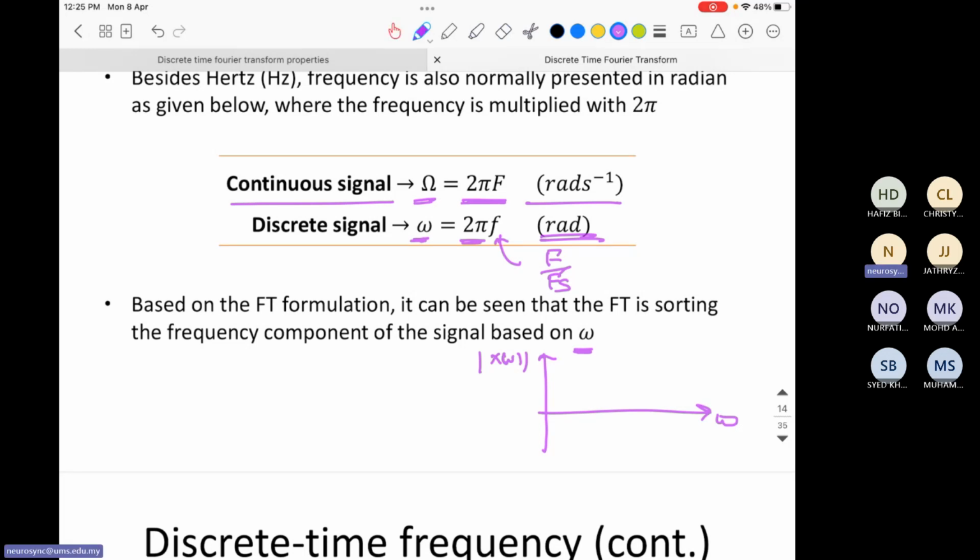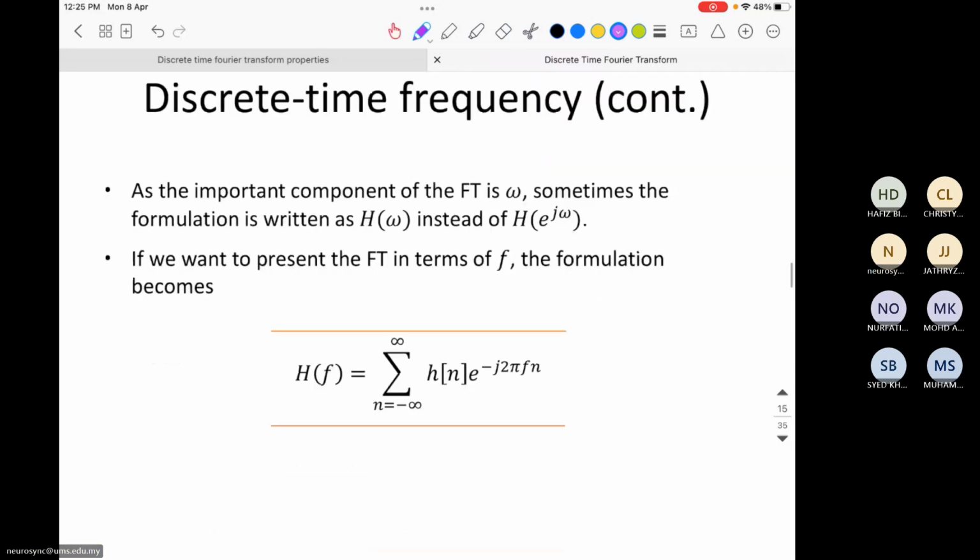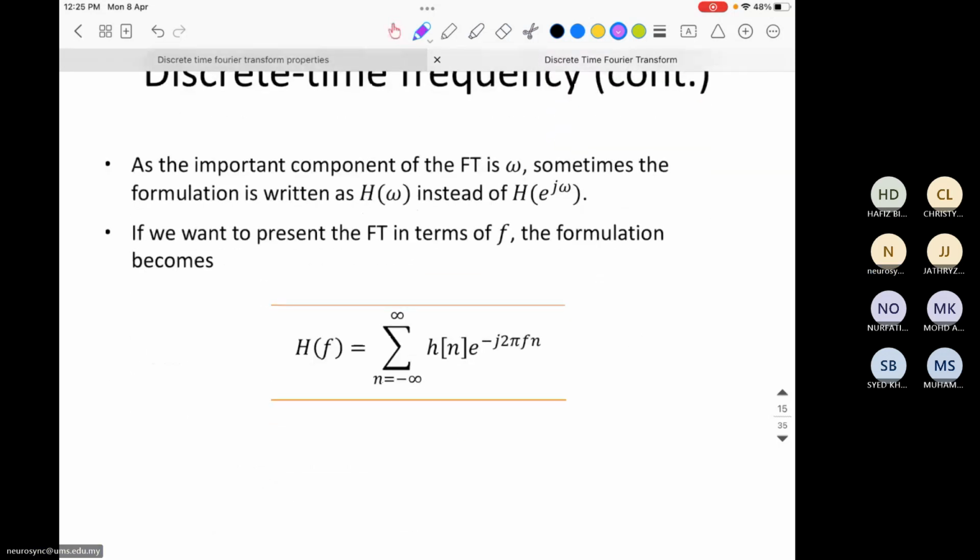We can sort out the frequency components of the signal using this Fourier transform. Instead of e to the power j omega, we can simply write H of omega here.